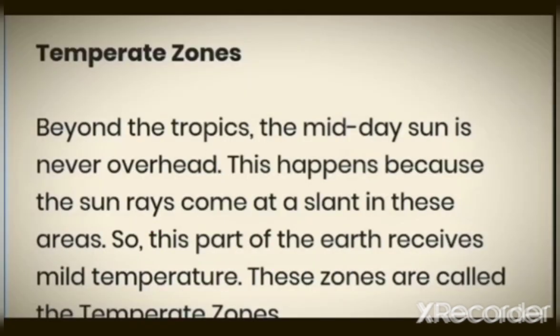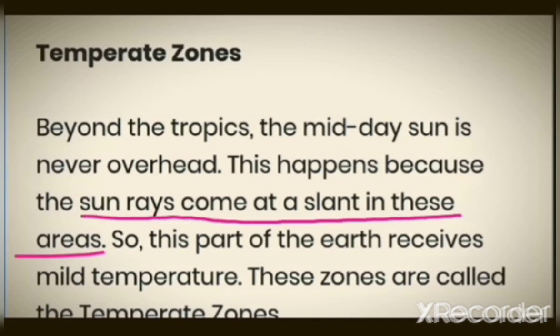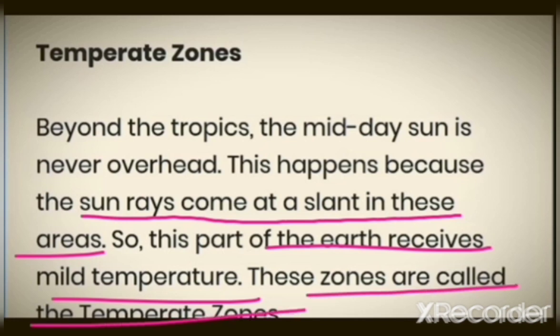Next is the temperate zone. The sun rays come at a slant in this area. I have already told you that the sun rays are slanting in this case. That is why this area receives mild temperature. That means a little bit of sun rays are falling on this area, that is why it is known as the temperate zone.